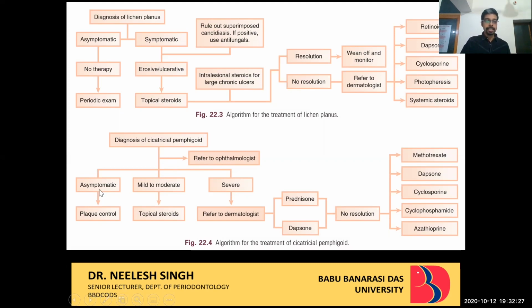Then, if they are asymptomatic, we should do plaque control and monitor. If there are mild and moderate symptoms, topical steroids. And if they are severe, then we have to refer again to the dermatologist. They will give prednisolone and dapsone. If there is no resolution, then these are the drugs of choice: methotrexate, dapsone, cyclosporine, cyclophosphamide, and azathioprine.